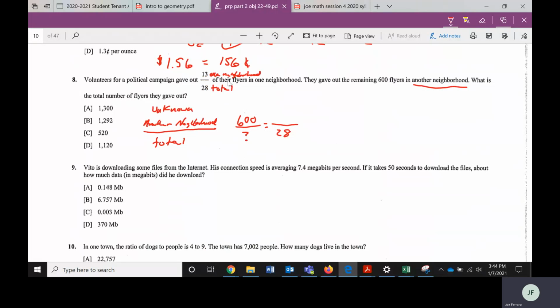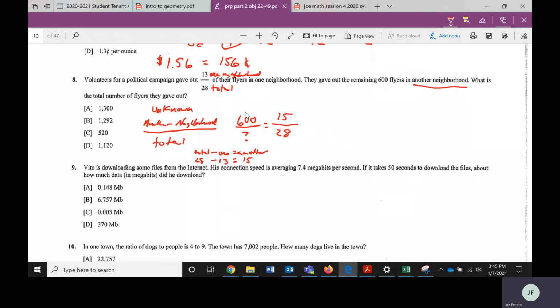The 13 is for one neighborhood. We want to know another neighborhood. So if we take the total minus 13, that gives us how many are left for the other. There's 28 total. We pass out 13 in one neighborhood. That leaves 15 for another neighborhood. So that means we gave 15 out in that second neighborhood.